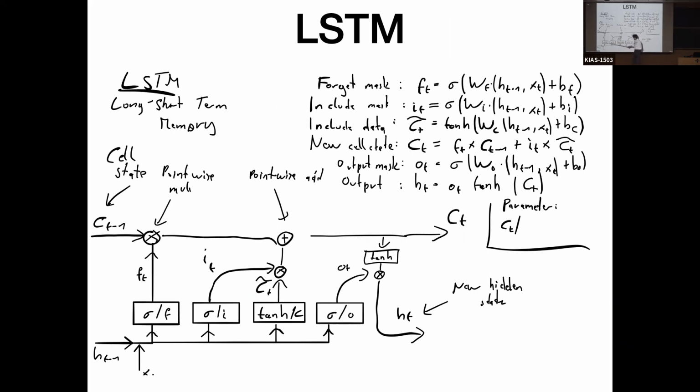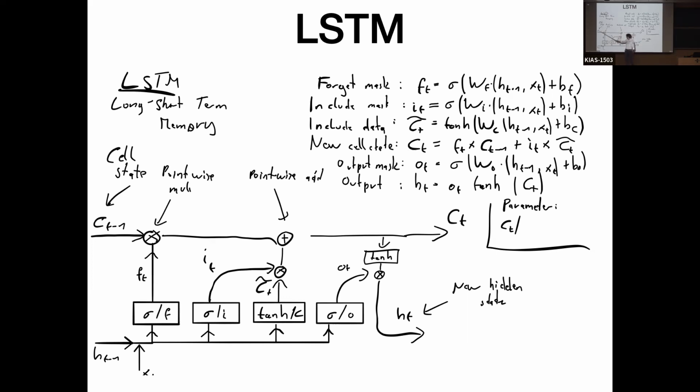This is a network that learns essentially a new tensor that has the same size as the hidden cell state. The hidden cell state, really think of it as a vector with 10 numbers, and the output of this network is also a vector with 10 numbers. Then you do element-wise multiplication of these two vectors.